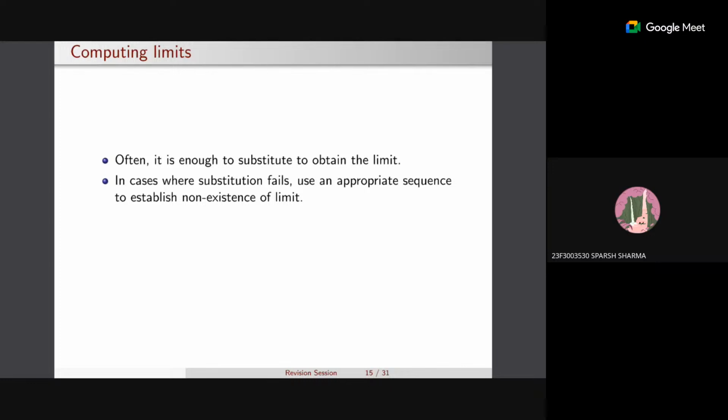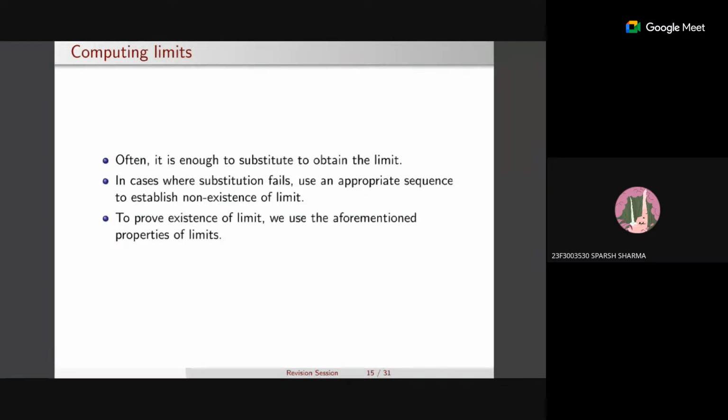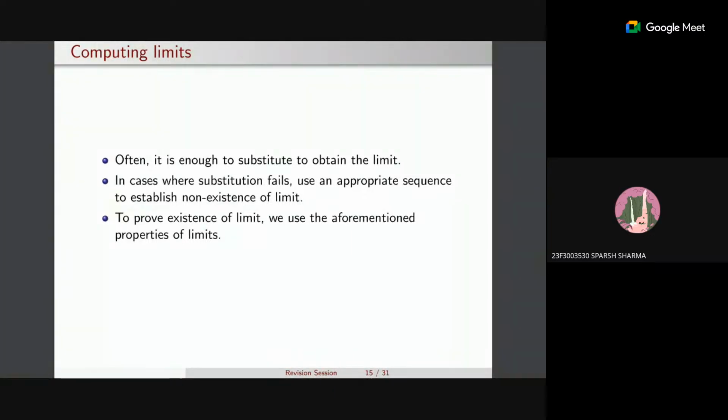Where substitution fails, which means you have some denominator equal to 0 kind of behavior near the point of interest, then to establish non-existence of the limit, you need an appropriate sequence or two sequences which converge to different points, or one sequence along which the thing does not converge at all. And to prove existence, you need to use the properties of limits.